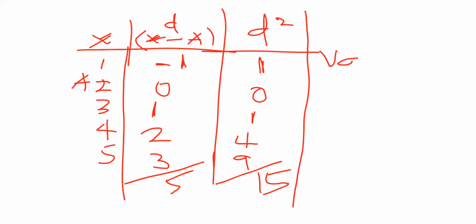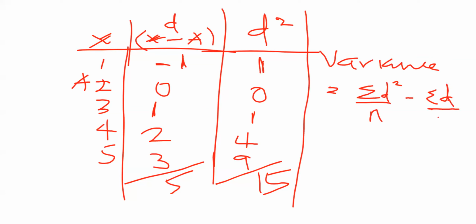Our variance is equal to summation of D squared over N minus summation of D all over N, all raised to power 2.